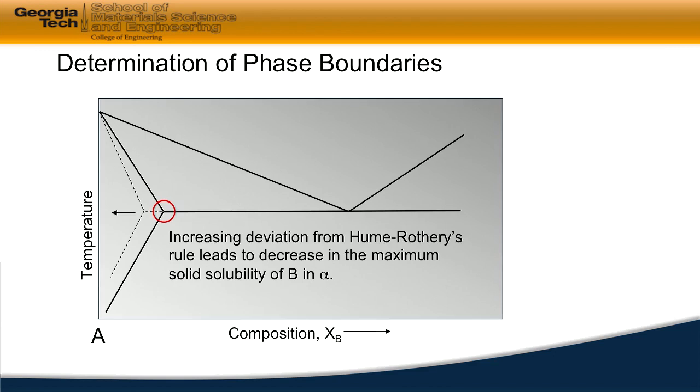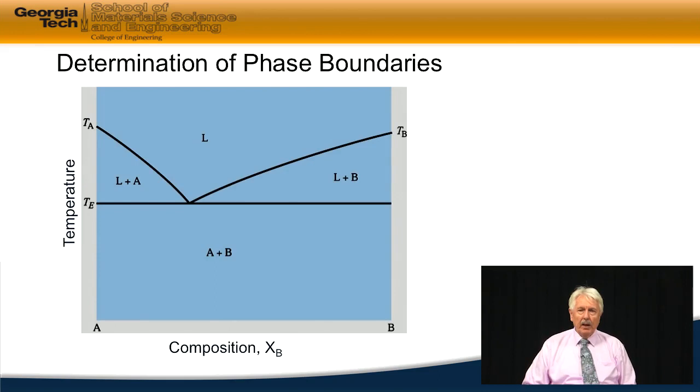For those materials which have large deviations with respect to Hume-Rothery's rules, that's telling us the maximum solid solubility is going to decrease as indicated on the diagram. And ultimately, we can wind up with diagrams in which we have essentially only A and only B in terms of the solids present.